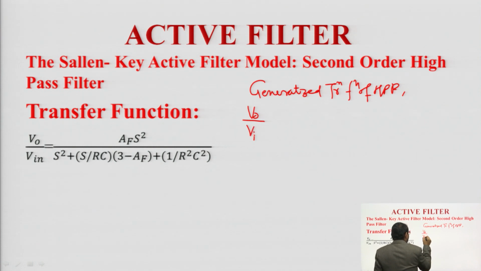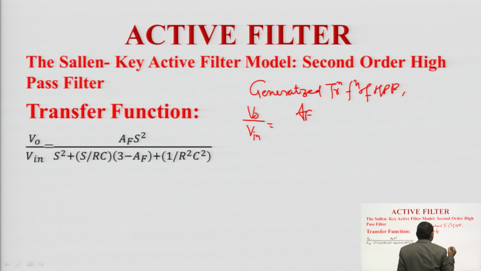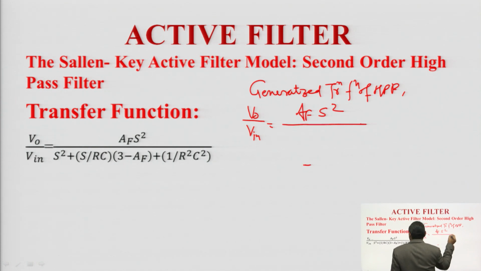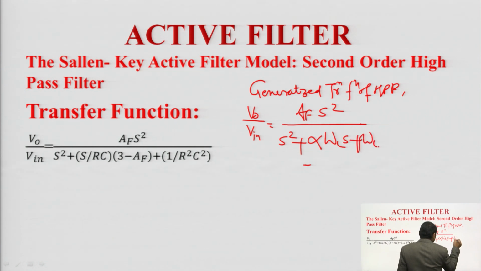V out by V in is A_F S square divided by S square plus alpha omega_L S plus omega_L square.